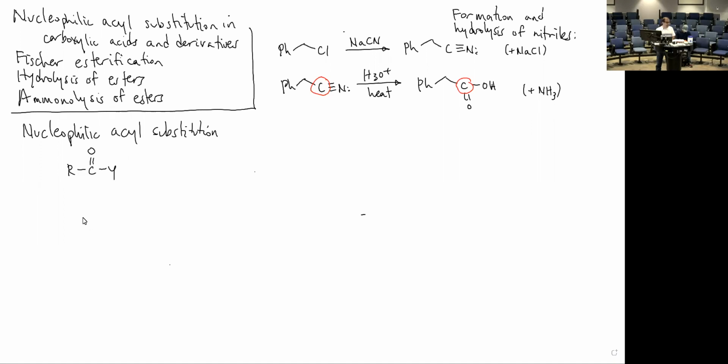And one thing I didn't say when we introduced this general scheme before is we call this group Y the leaving group, because it involves doing exactly that. That group is going to leave. It's going to be some sort of group that the bond between carbon and Y is easily broken.